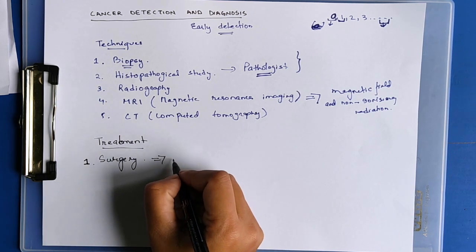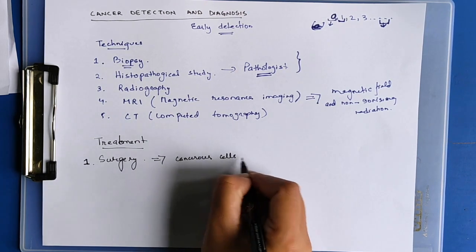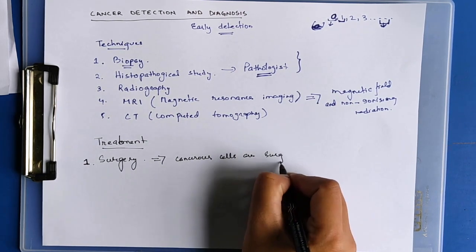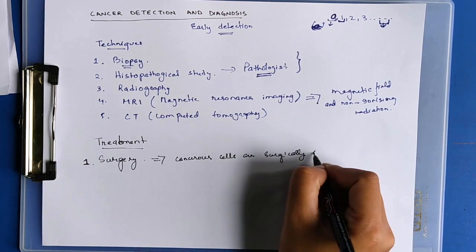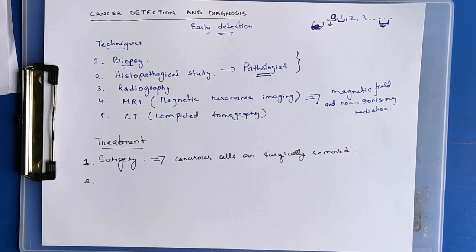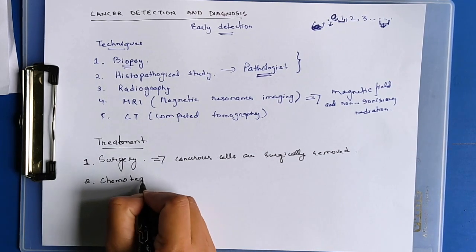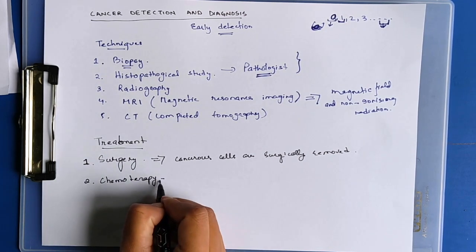Cancerous cells are surgically removed from the body. The second treatment is chemotherapy.